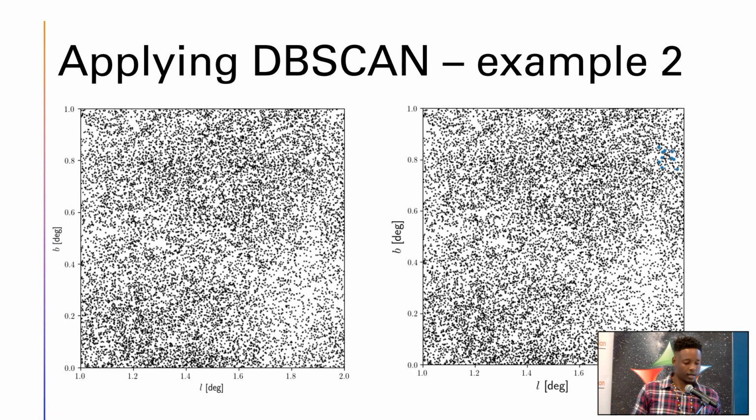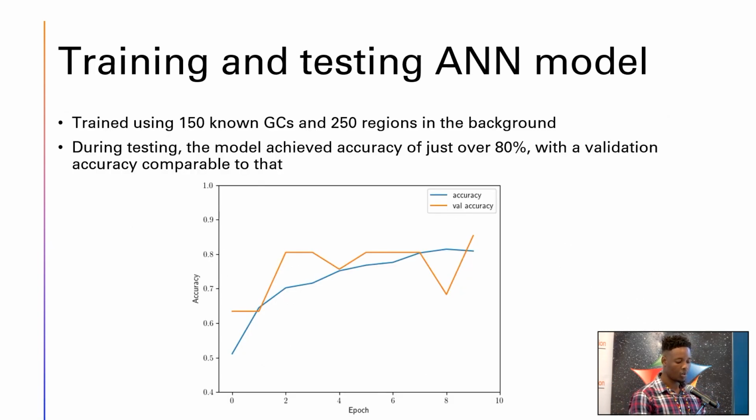So when we put these obtained clusters through the neural network, what we find is, first and foremost, when we train the neural network, the accuracies go all the way up to around 80%, which in general is actually quite poor.